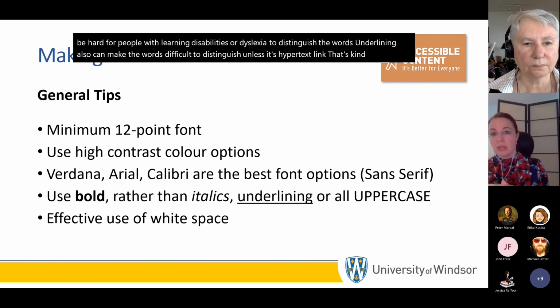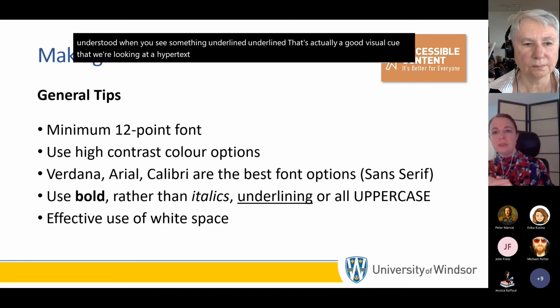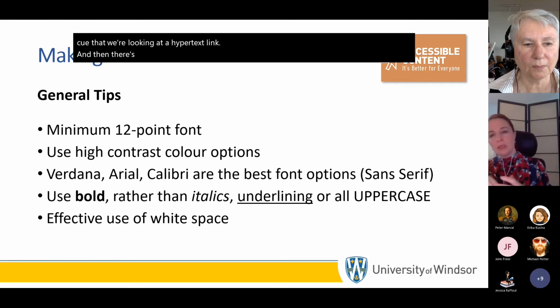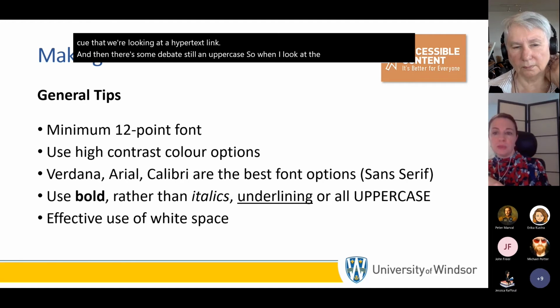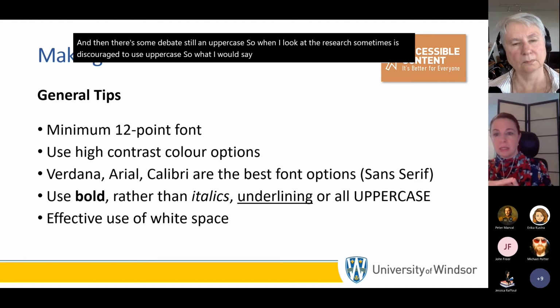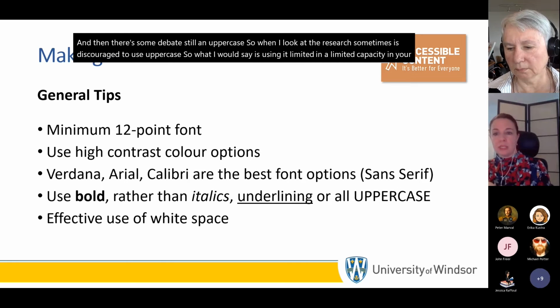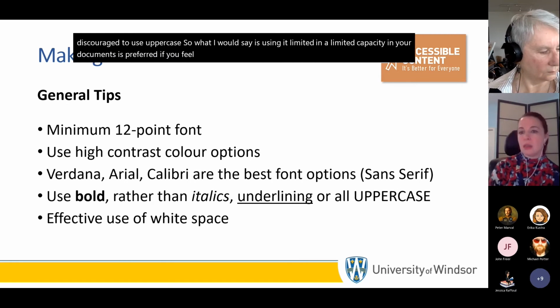When you see something underlined, that's actually a good visual cue that we're looking at a hypertext link. And then there's some debate still on uppercase. When I look at the research, sometimes it's discouraged to use uppercase. So what I would say is using it in a limited capacity in your documents is preferred, if you feel that you need to use uppercase as part of the design.